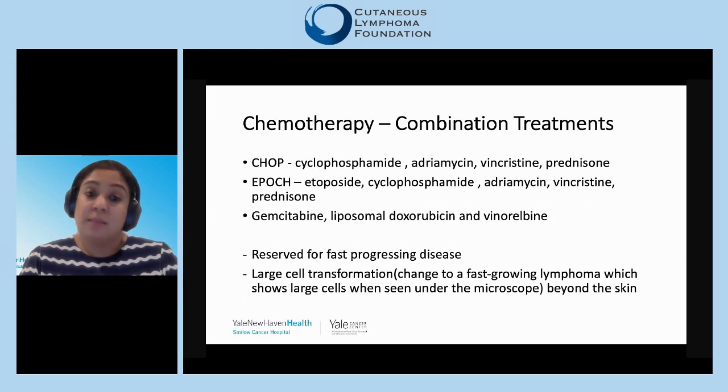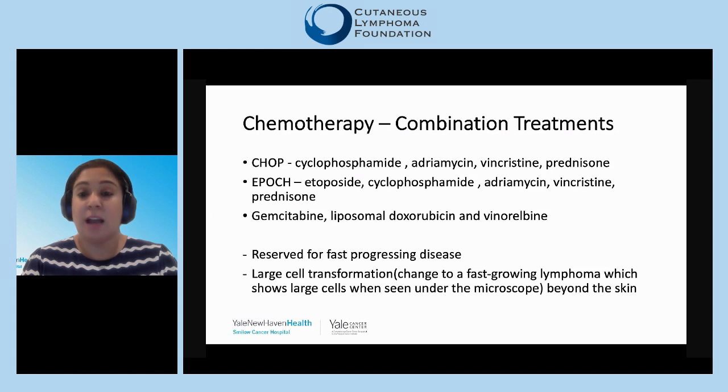So we do sometimes use combination treatments for patients with CTCL. As I mentioned, there are so many other drugs that tend to be more effective or more active in CTCL than traditional chemotherapy drugs. However, combination chemotherapy is sometimes needed, especially in patients who have very fast progressing disease, or the cancer has changed into a more fast growing lymphoma that presents with larger cells under the microscope, what is called the large cell transformation.